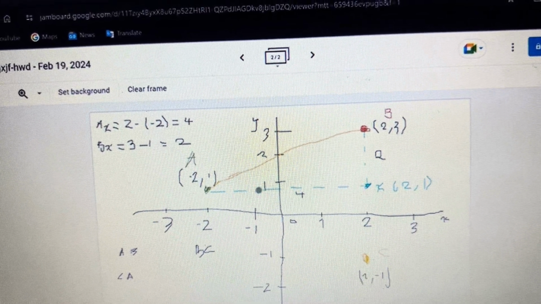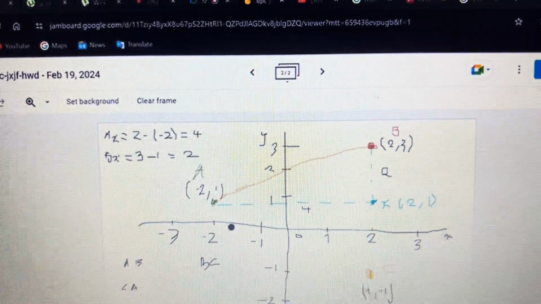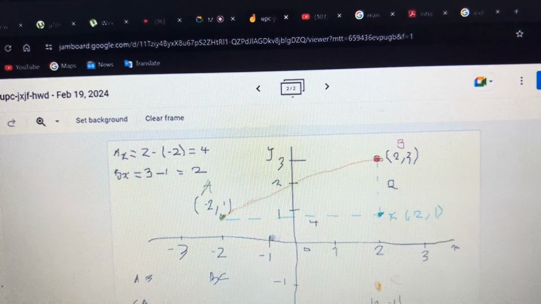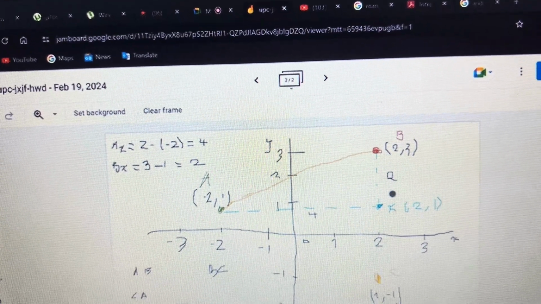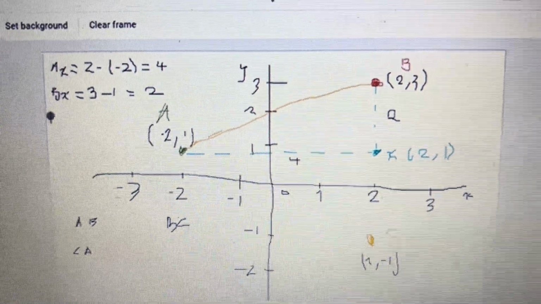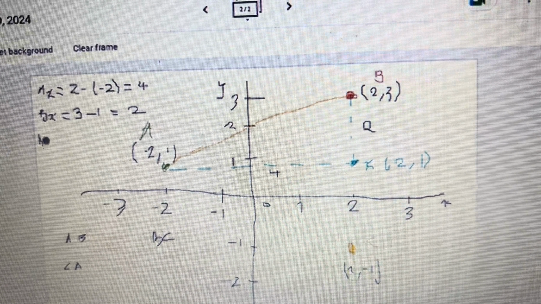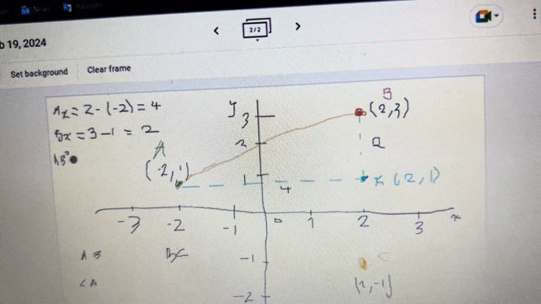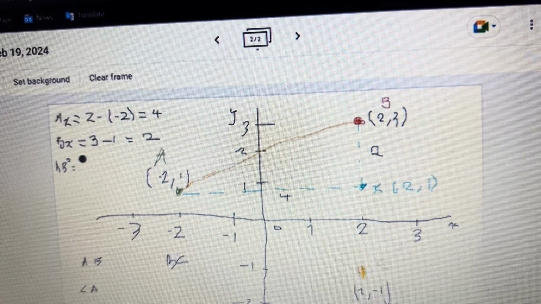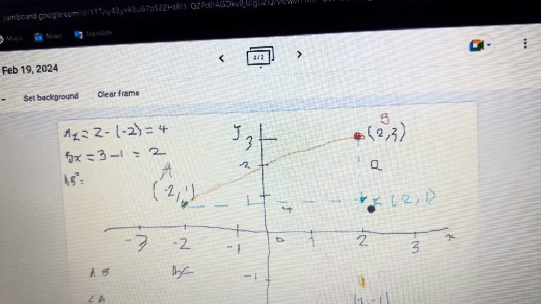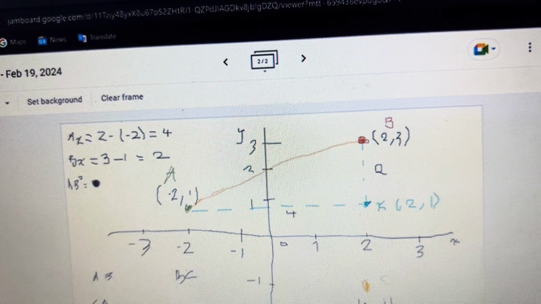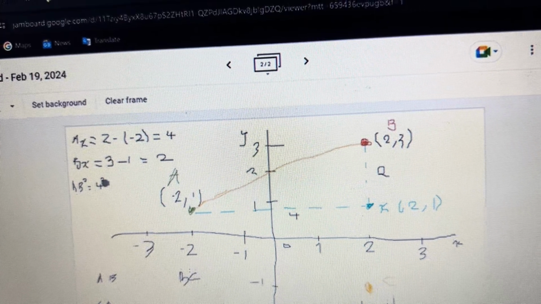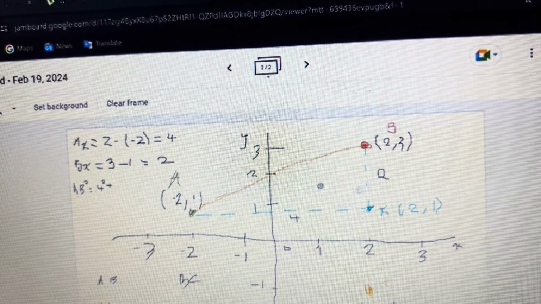And since we want to find AB, we have to use Pythagoras' theorem, which says that AB squared is equal to this distance squared plus that distance squared. So AB squared is equal to the distance there squared, which is 4 squared, plus the distance there squared, which is 2 squared.